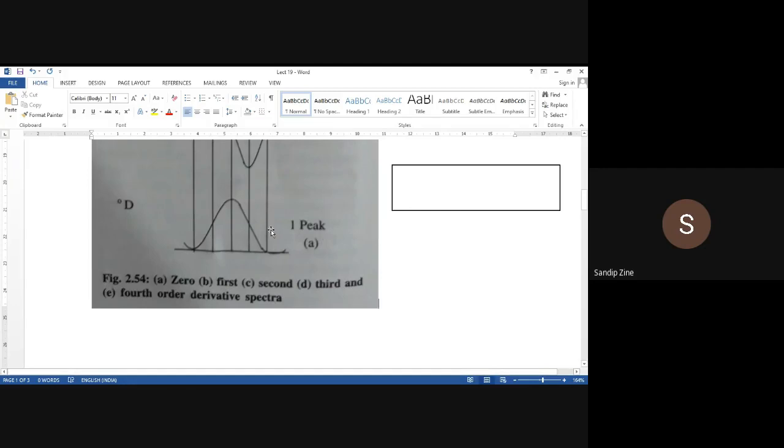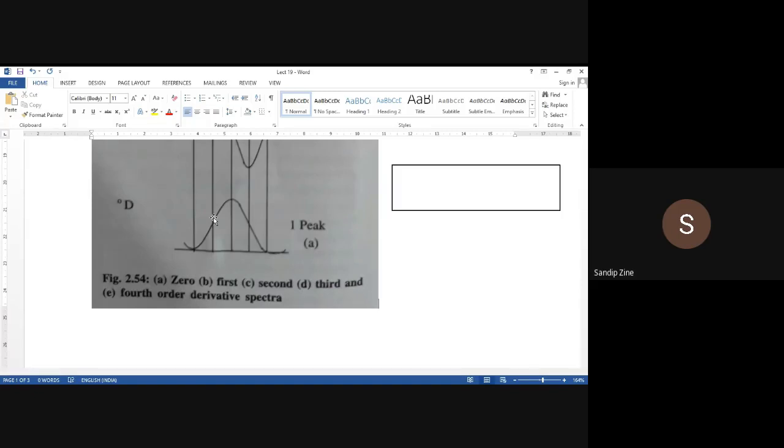This is a simple plot of absorbance versus wavelength. Whatever the lambda max is, the wavelength at which the maximum amount of radiation is absorbed is called lambda max. So this is a scan of our analyte, and we will consider this graph as a normal graph, or zero order graph, or zero order spectrum.